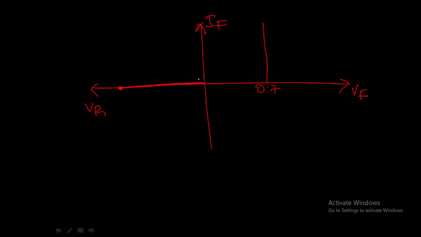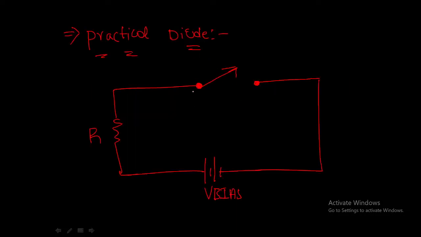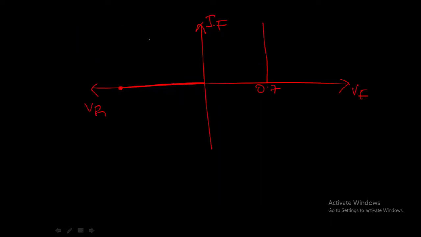So it is equal to 0 because it is an open switch, so no current will flow through this diode. That is how we draw the VI characteristics curve for the reverse bias condition.